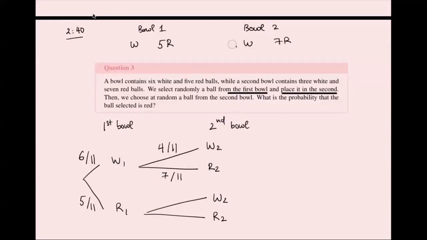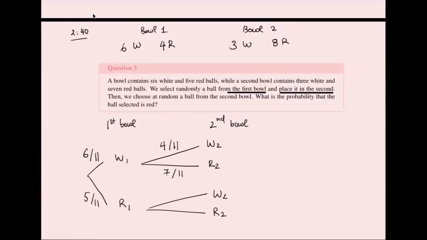Now let's go back to the beginning, where you have 6 white here and 3 white here. We are dealing with the case where you got red from the first bag. Then now, from the first bag, you only have 4 red left. And you transfer that red ball to the second bag. So it is 8 red here.